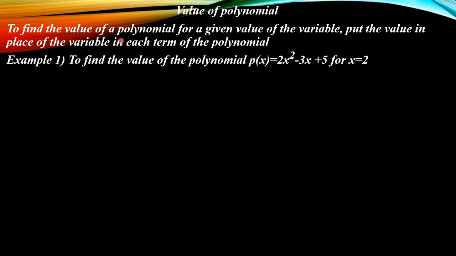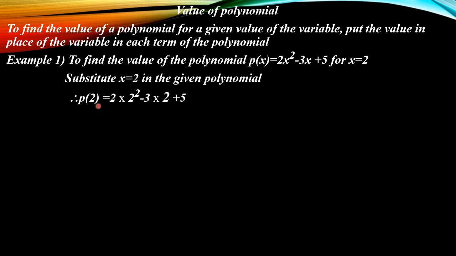We will see an example. To find the value of polynomial P(x) = 2x² − 3x + 5 for x = 2, we will substitute x = 2 in the given polynomial. Therefore, P(2) = 2 × 2² − 3 × 2 + 5.